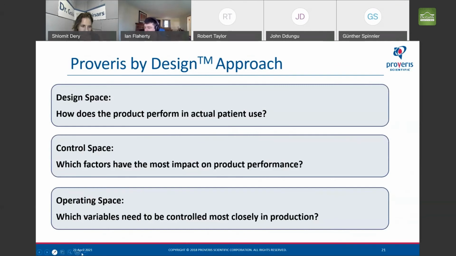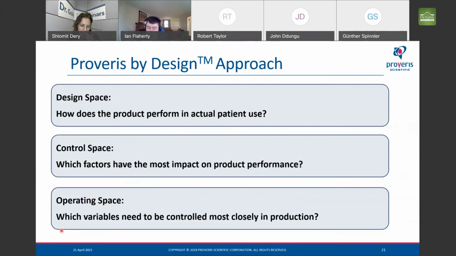So in terms of quality by design, you may have heard that term before. It is recommended by the FDA in their guidances to follow this process, but it's a very vague process. So we've adapted the methodology into what we call Proveris by design.